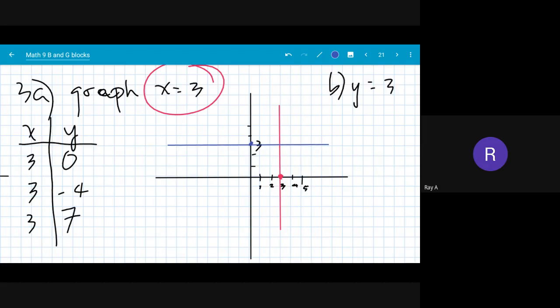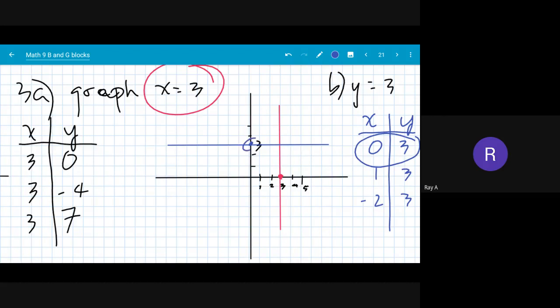Now, if you're thinking, once again, why is it a horizontal line this time? Because if you are going to create an input-output table, wherever you have an ordered pair, it will always be a 3 for the y. So for example, if y is 3 and your x is 0, where's that going to be?